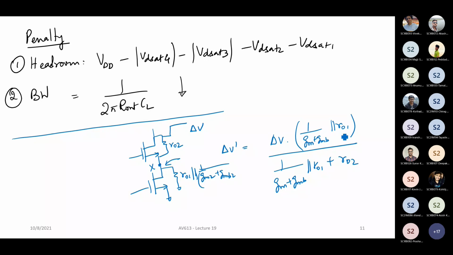Okay. Now obviously 1 by GM will dominate and therefore the swing here will be much smaller. Okay. So in other words, what this is basically doing, this transistor M2 is actually shielding your transistor M1. So that's another major advantage of cascode amplifiers.